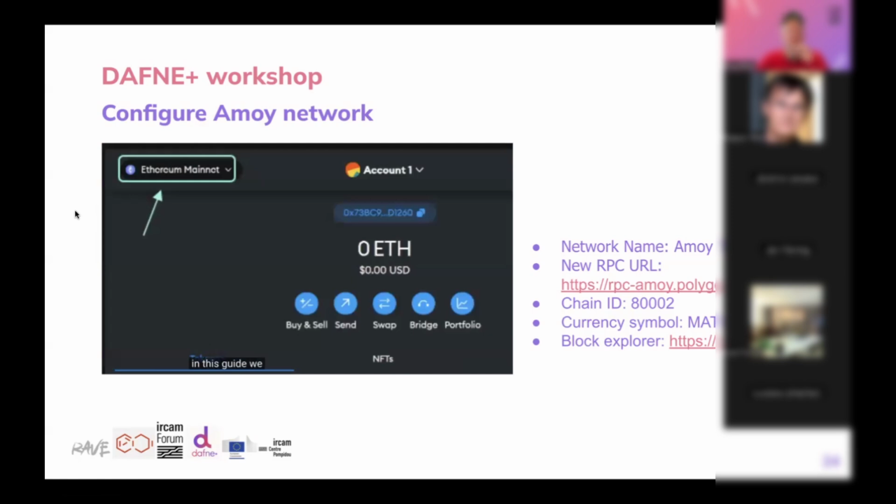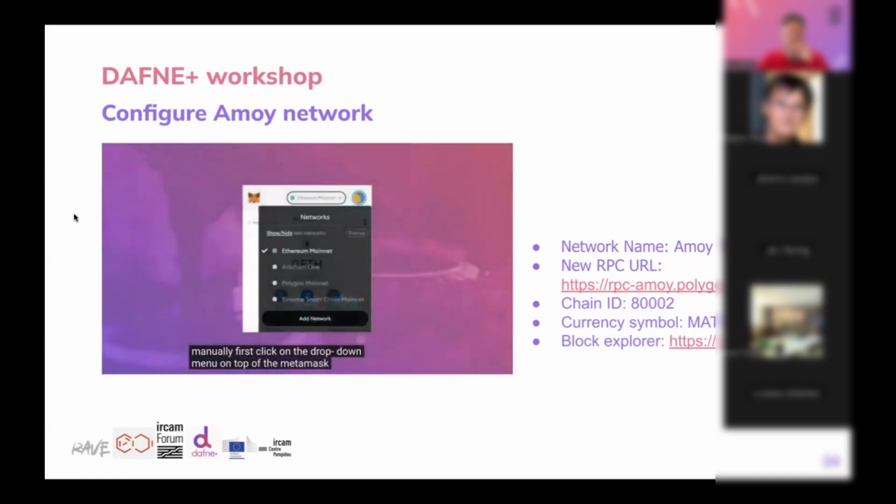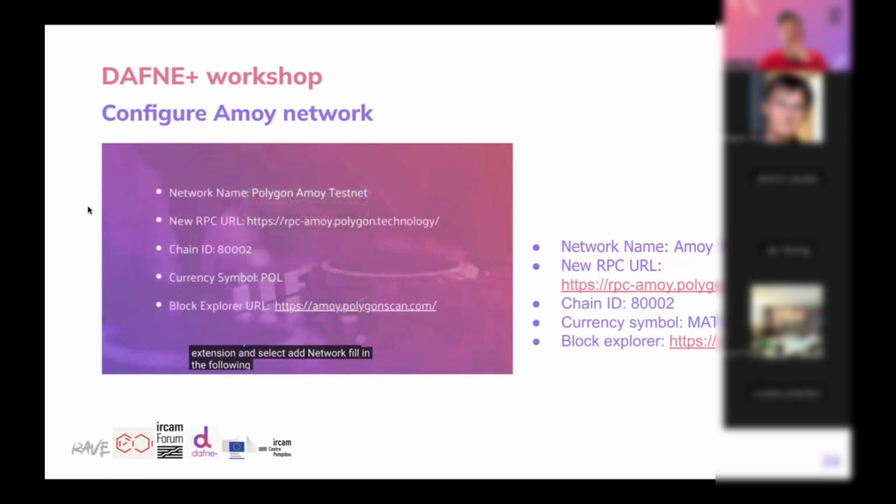In this guide, we will show how to connect MetaMask to Polygon Amoy testnet manually. First, click on the drop-down menu on top of the MetaMask wallet extension and select Add Network. Fill in the following details. Network name, Polygon Amoy testnet. New RPC URL, https://rpc-amoy.polygon.technology.